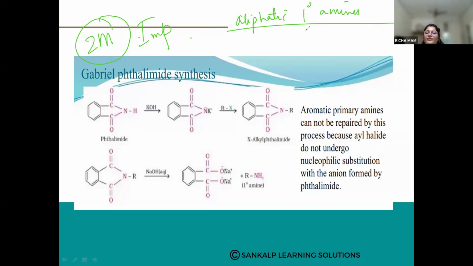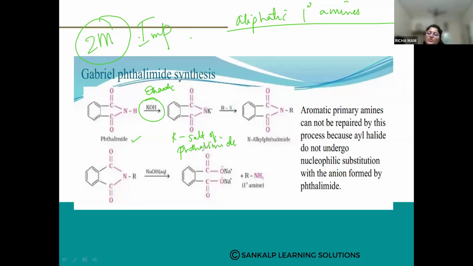So what we are doing, we are taking phthalimide. This phthalimide is treated with ethanolic potassium hydroxide, and I get the potassium salt of phthalimide.